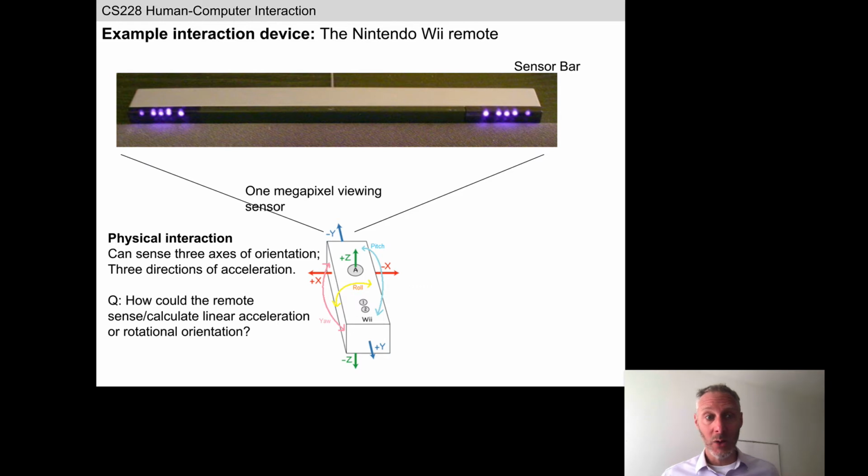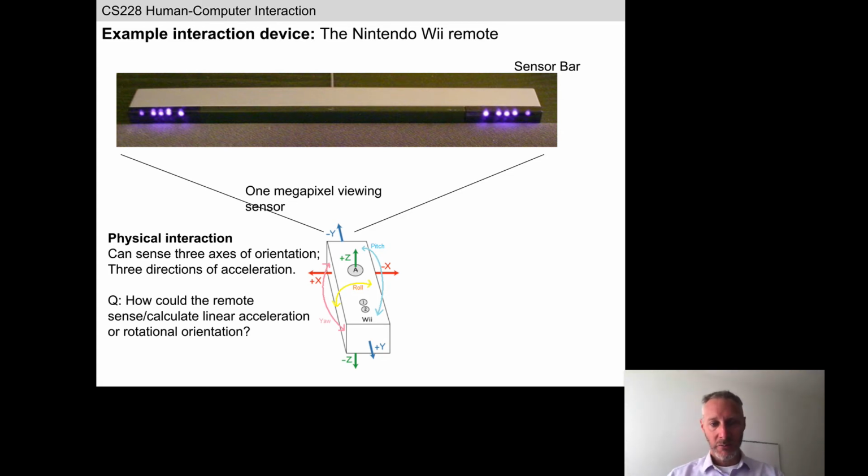This is the Nintendo Wii Remote, which is a sort of game controller developed by Nintendo. There's the remote itself that the user holds in their hand, and they point the remote at a sensor bar which is sitting just above or below the TV screen.